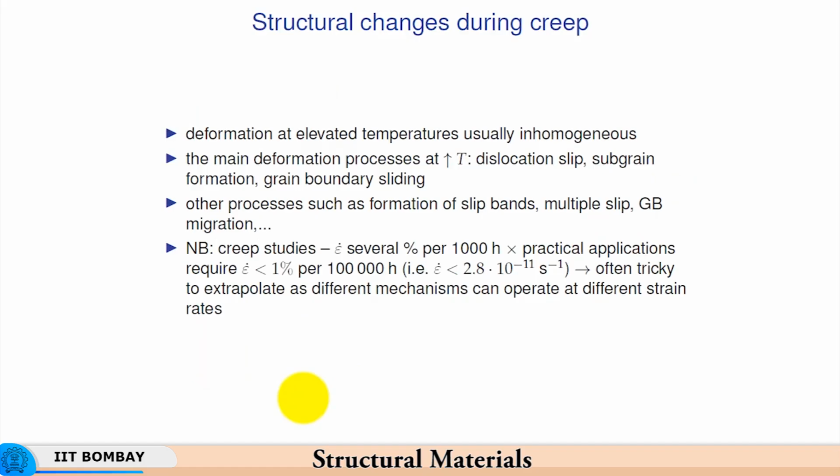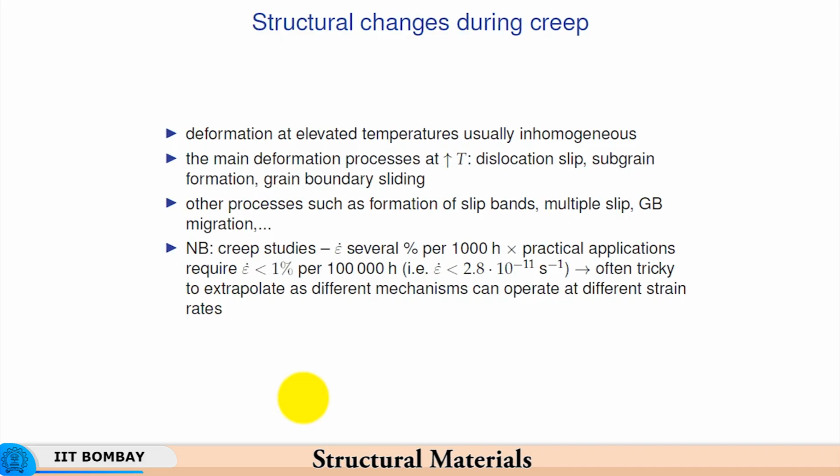So, structural changes during creep include inhomogeneities in the material, because inhomogeneities in the form of discontinuities for that matter get developed. The main deformation processes at increasing temperature involves dislocation slip, subgrain formation, and grain boundary sliding. Now, dislocation slip is an indication that the grain boundary is still not all that weak. I mean, the grain boundary becomes weaker with increasing temperature, but at some point called the equicohesive temperature, the grain boundary and the interior of the grain remain almost the same in strength.